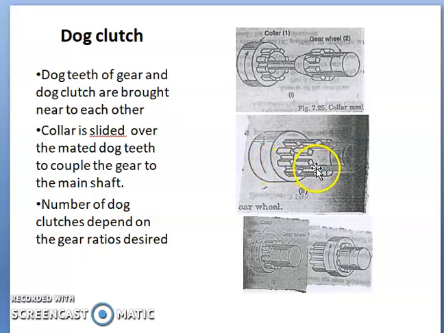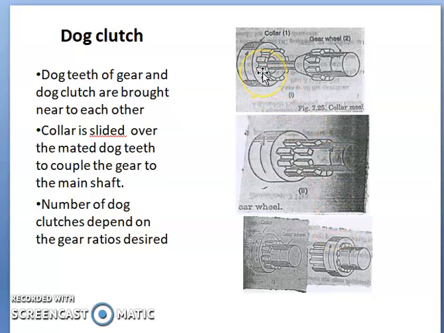Once these dog teeth mate, the collar is slid along the mating dog teeth. Now the dog teeth is also connected to the transmission shaft. Whichever gear is connected to the dog teeth, at that particular ratio, the dog teeth will rotate and the transmission shaft will be rotating as well. So this is how the dog teeth works.